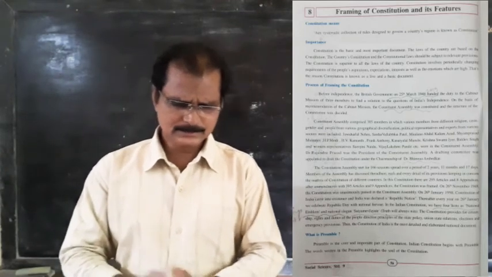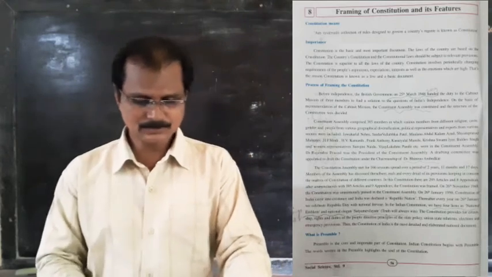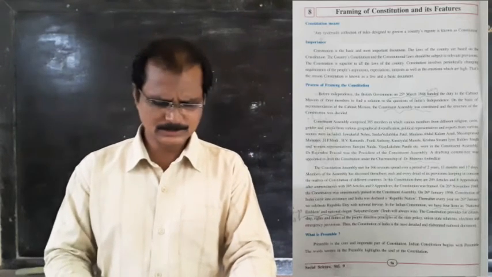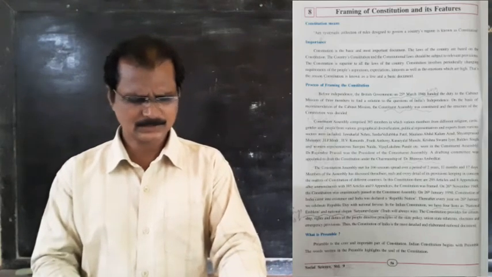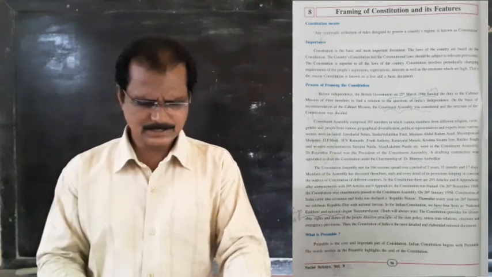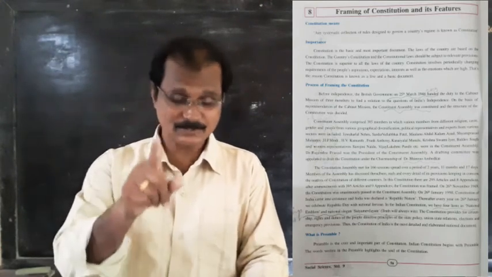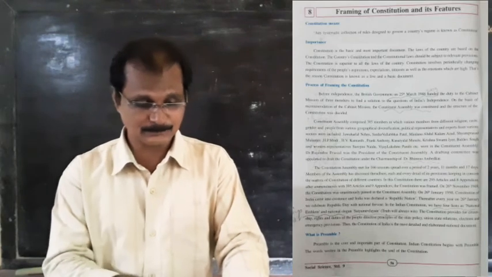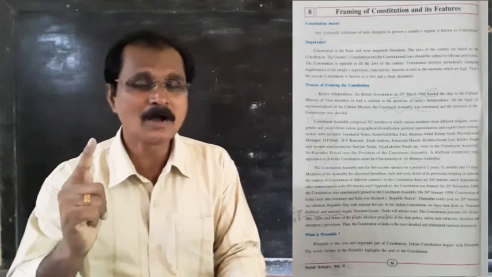The Constituent Assembly was made responsible for making this Constitution. It comprised 385 members, including Jawaharlal Nehru, Sardar Patel, Maulana Abul Kalam Azad, Shyama Prasad Mukherjee, H.P. Joshi, Frank Anthony, and Kanaiyalal Munshi. A drafting committee was appointed under the chairmanship of Dr. Bhimrao Ambedkar.